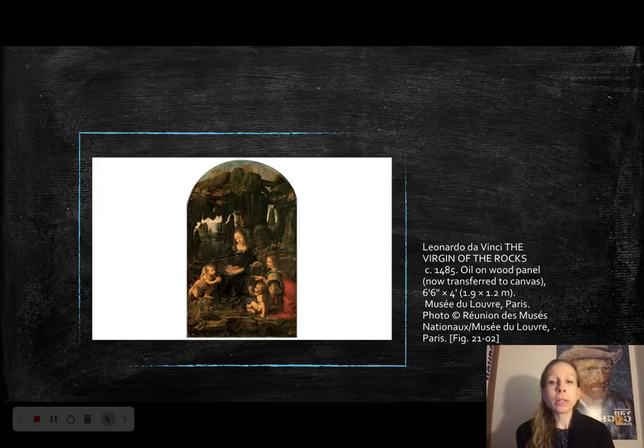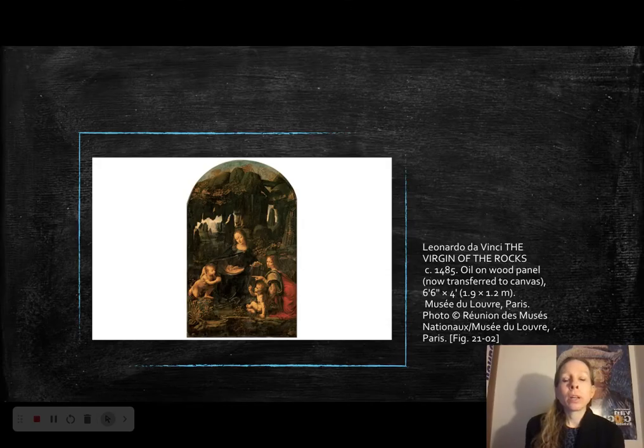So Leonardo's Virgin of the Rocks is considered a cornerstone of the High Renaissance because it marks the moment when painting transitioned from the stiff linear style of the 15th century to a more fully realized three-dimensional atmospheric reality.